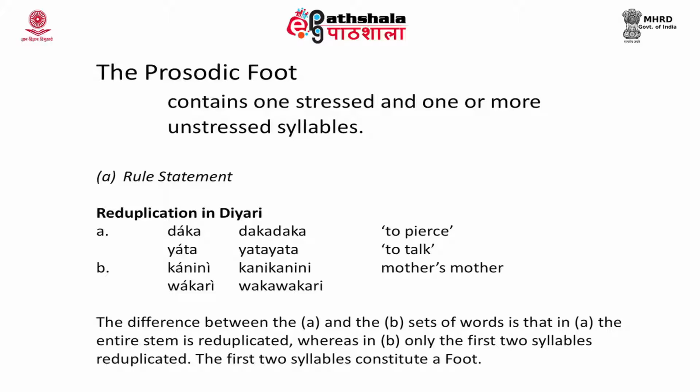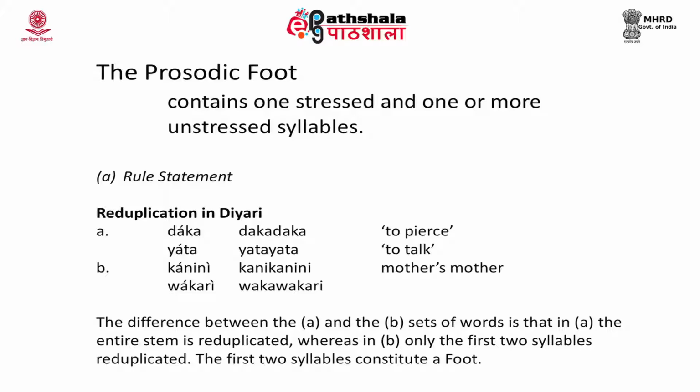Now in the examples in B, compared to A, A gives the impression that the entire stem is repeated, but B tells us that it's not the entire stem, but only a part of it. Something is left out. What is included and repeated is the foot, and whatever is outside the foot is not included in the reduplicated forms.